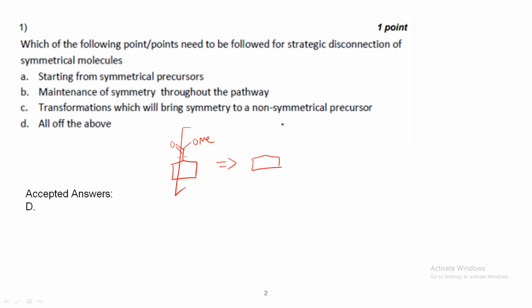For that we need, let's say, this kind of thing, or any X, meaning halogen, we can think of, and here we need a negative. For this case we are breaking the symmetry anyway, though here we are maintaining it. But making this kind of thing is difficult, and for this case what we need is this type of lithiated species.